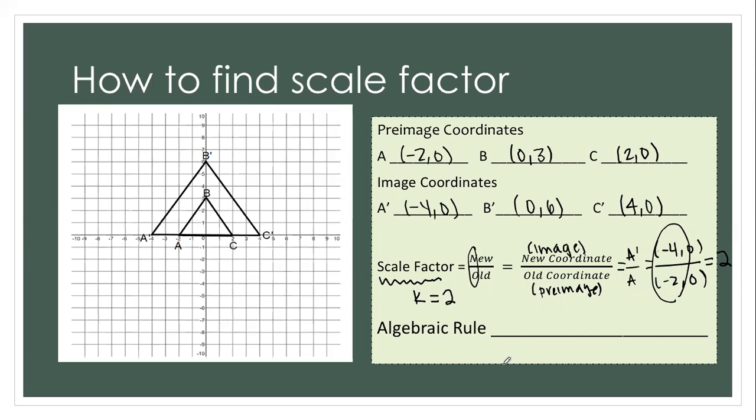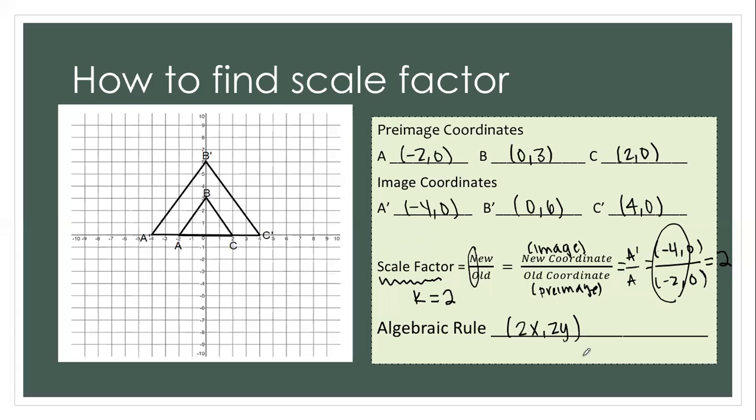That means my triangle got bigger by a factor of 2. Therefore, my algebraic rule is 2x, 2y, because it got 2 times as big, or twice as big.